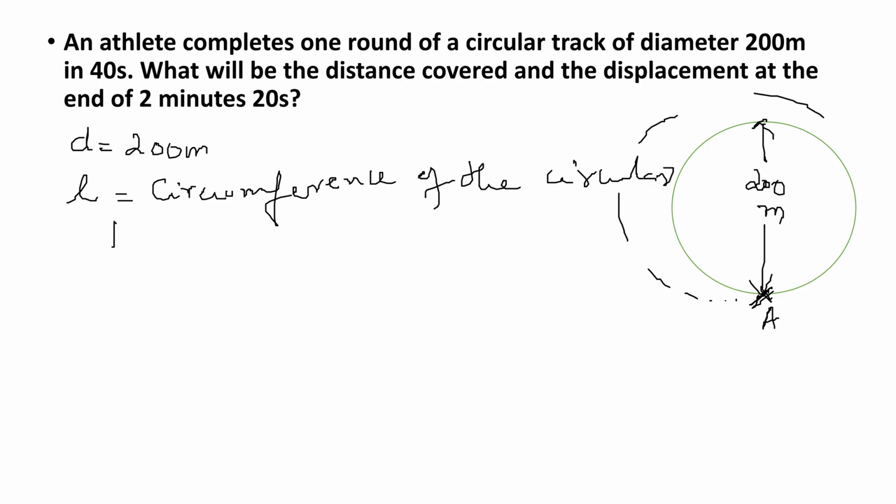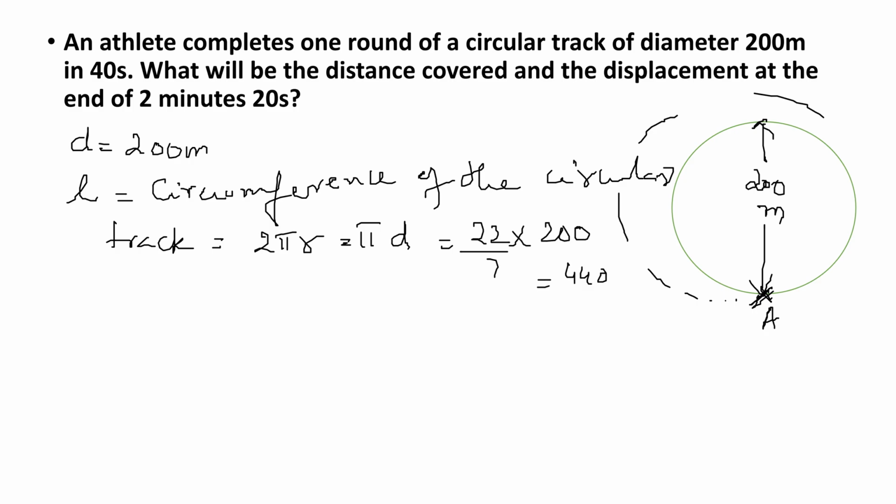And circumference is equal to 2 pi r, or we can write pi d, pi into 22 by 7 into diameter, 200. So it will be 4400 by 7 meter. So this is the distance covered in 40 seconds.